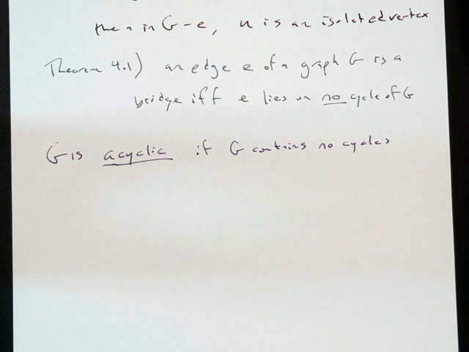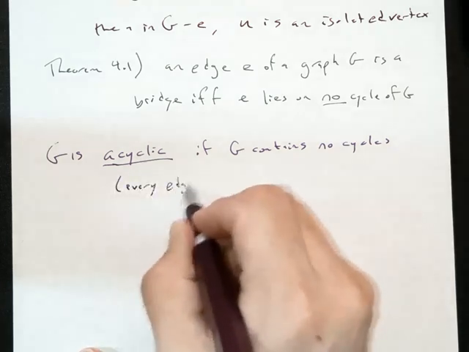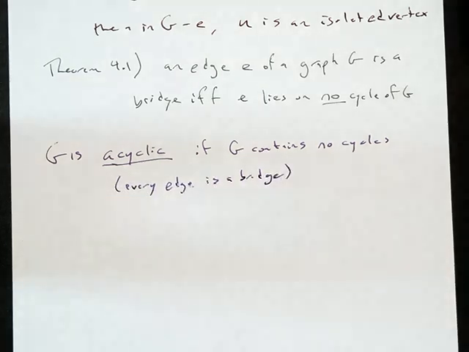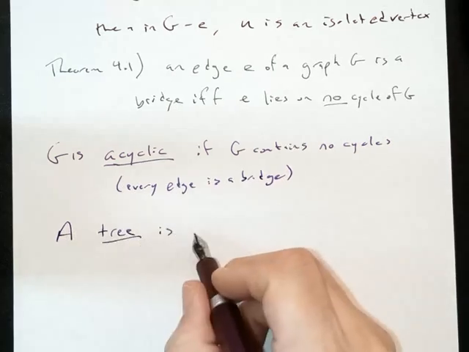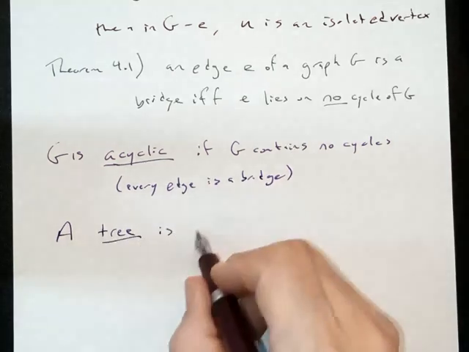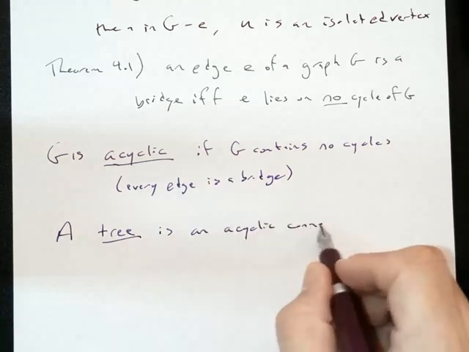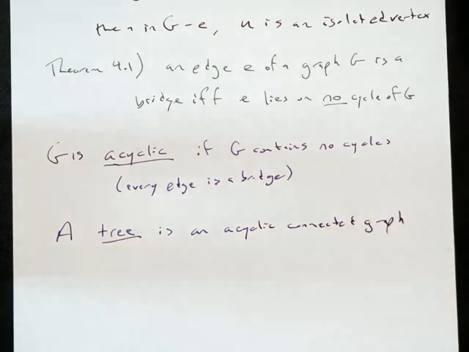Every edge is going to be a bridge. A tree is an acyclic connected graph.